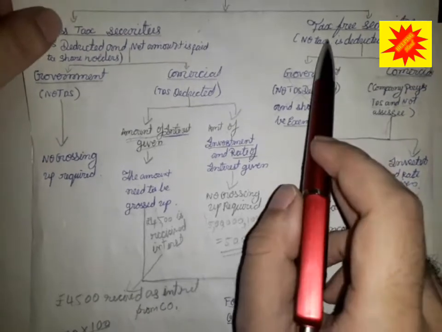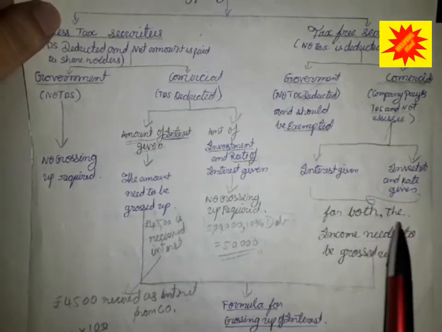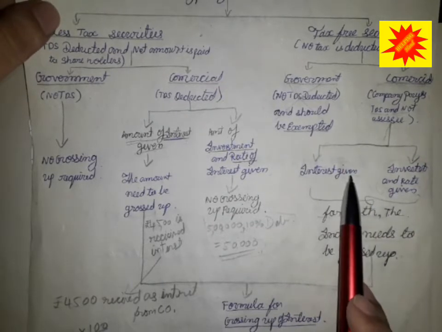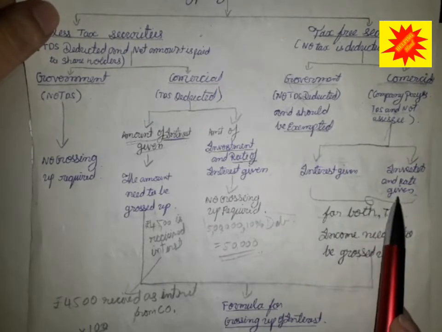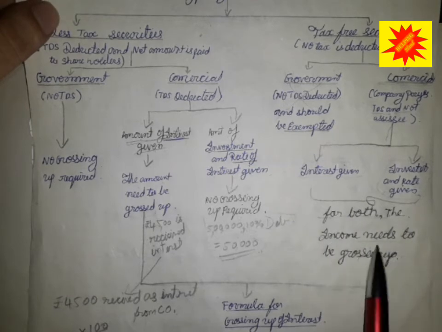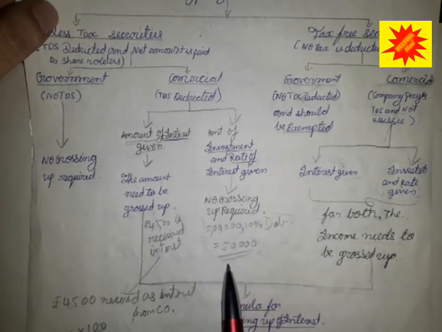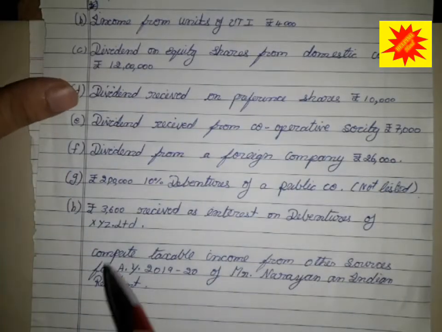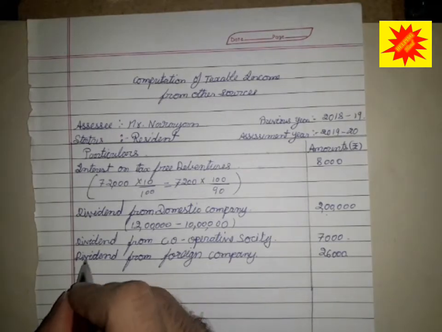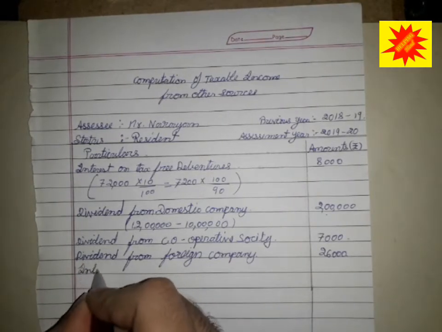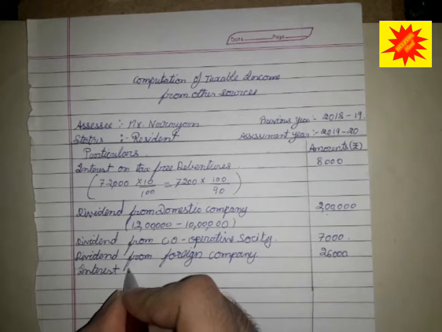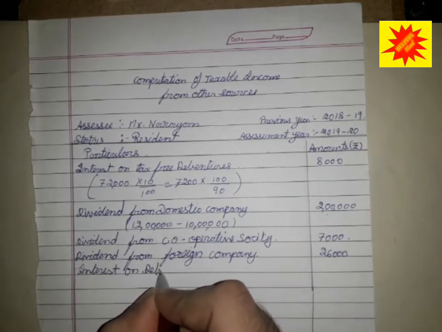If it was a tax free security, then we will have to gross it up, irrespective of whether the interest is given or the investment and the rate of interest are given. But here we need not gross it up. So whatever amount we get will be directly taxed. So here it is 2 lakh at 10%, therefore it is interest on debentures.